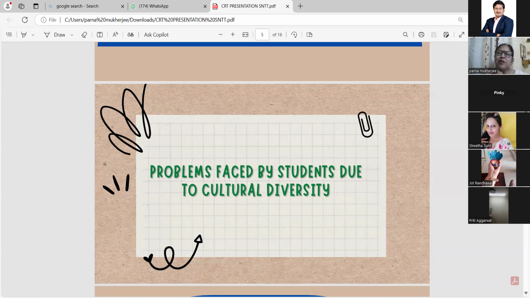And at what level do you feel that these obstacles or barriers would be maximum? Which level? Can you explain a little more what the question is? My question is, which student, a student of KG1 or class 5 or standard 11, is going to face more difficulty because of the cultural diversity in any place?